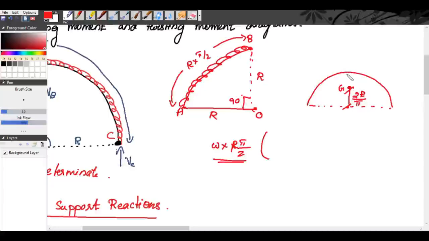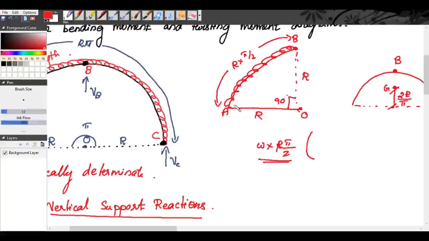So totally it is r, right? So how much is this? This is b, right? So bg will be equal to r minus 2r by pi. So what you get is, see, this total load will be acting like this.